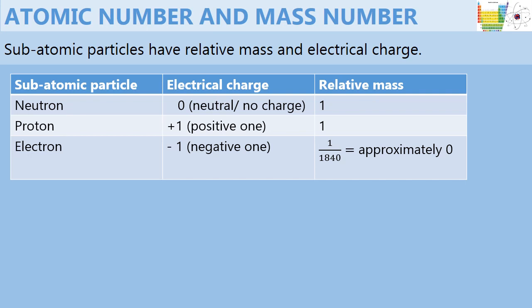A proton has an electrical charge of positive 1, and a relative mass of 1.